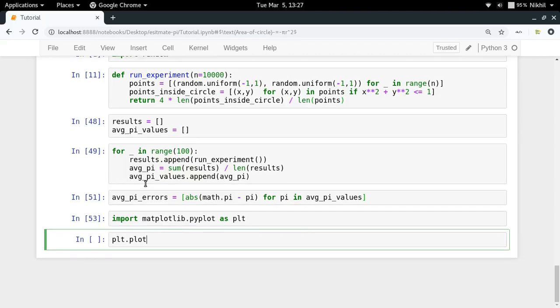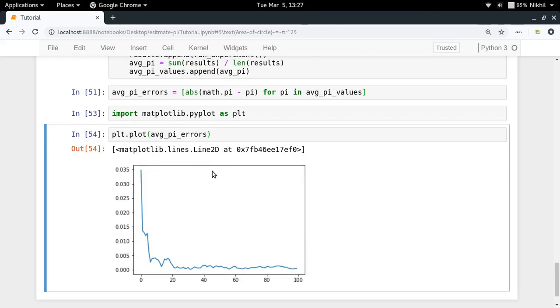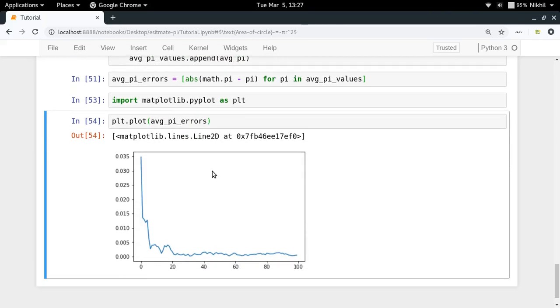So plt.plot average pi errors. Look at that, the average pi error. Initially the average pi error that I had was around 0.035, but as we increase the number of iterations from 0 to 20, then 40, 60, 80 and up to 100, the error rate has gone from 0.035 to almost around 0.000. So it is decreasing as I am increasing the number of iterations of my experiments.